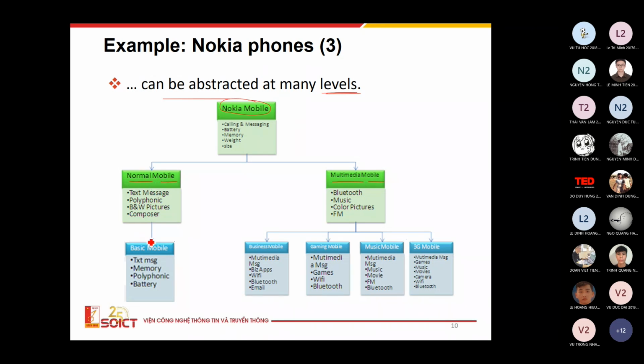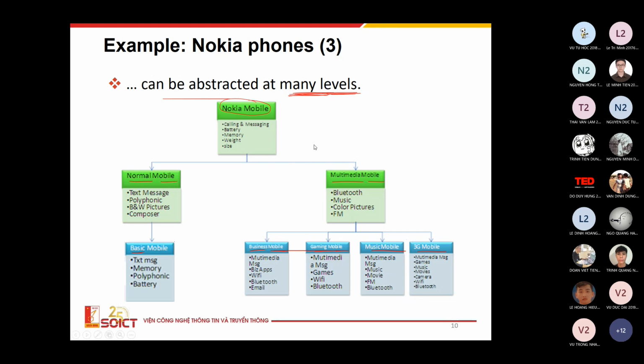And even lower, you have the basic mobile, business mobile, gaming mobile, music mobile, or 3G mobile. So you can describe the thing in different ways, and you can describe it at many levels.